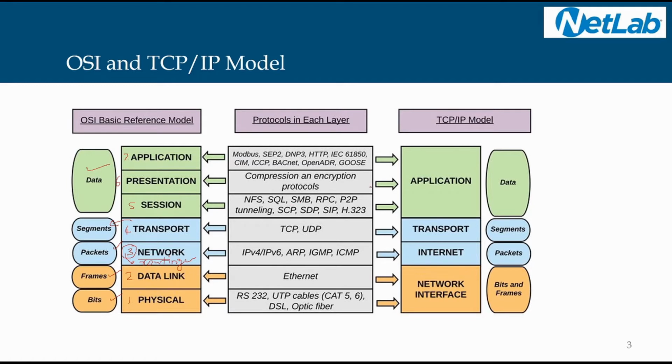If you take the TCP/IP model, the application, presentation, and session layers together are known as the application layer. The transport layer is known as the transport layer, otherwise known as the end-to-end layer. At the internet layer, it is packets. In the TCP/IP model, it is the internet layer, layer 3, whereas in the OSI reference model, we call it the network layer.